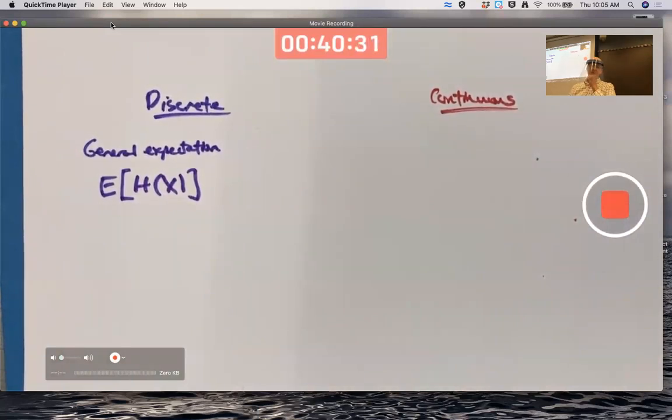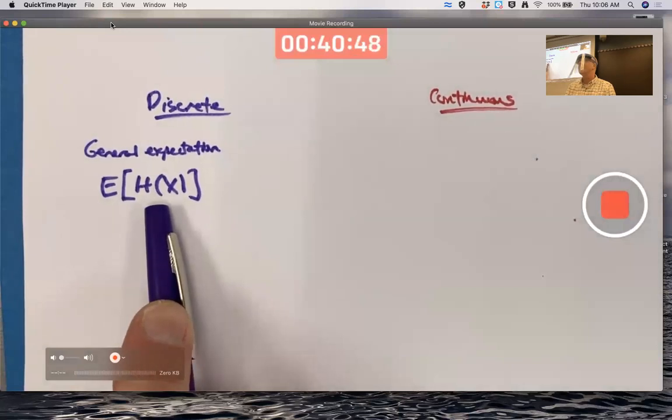Most commonly, h of x either equals x, giving you the mean, mu, or maybe x squared, giving you the, what was it called? Starts with an M. Moment. E of x is the first moment. The mean is the first moment.